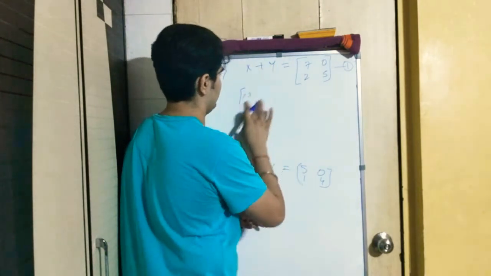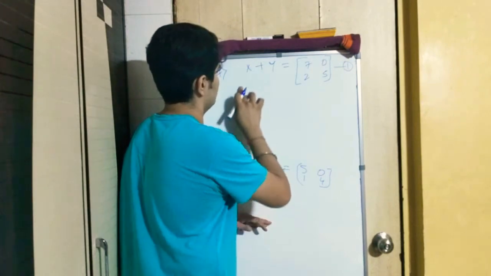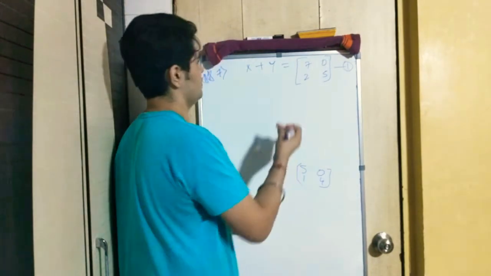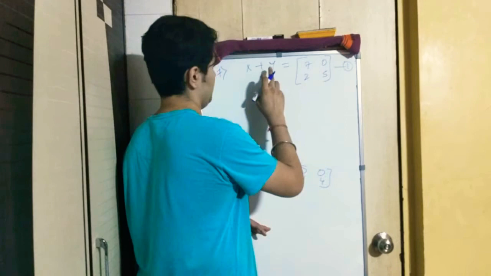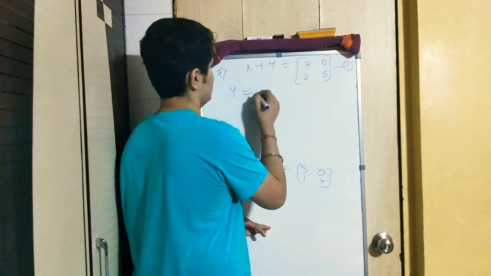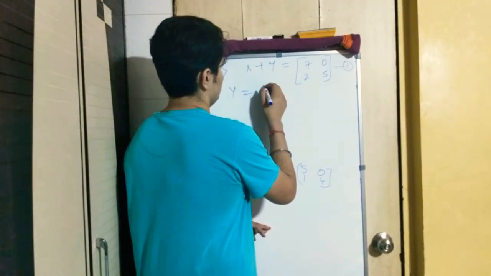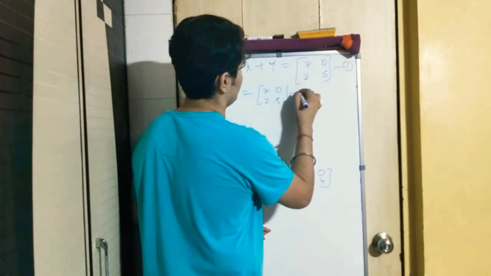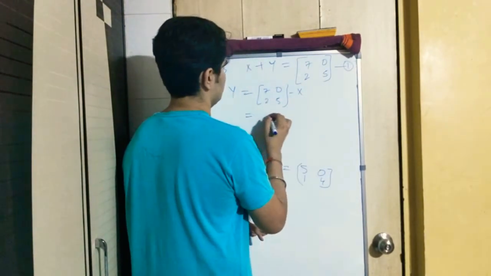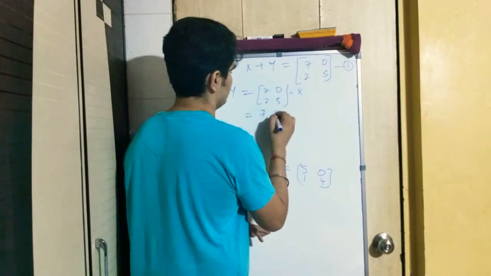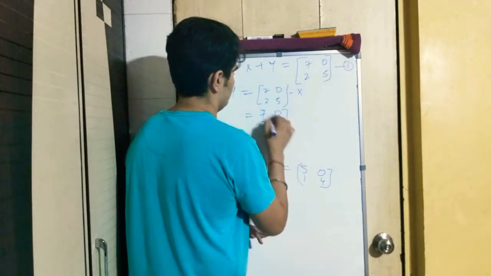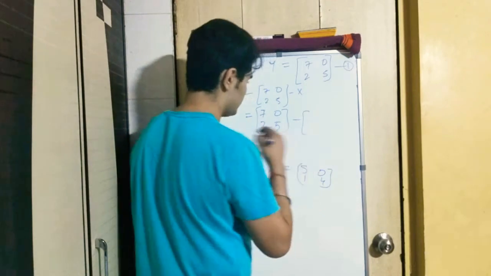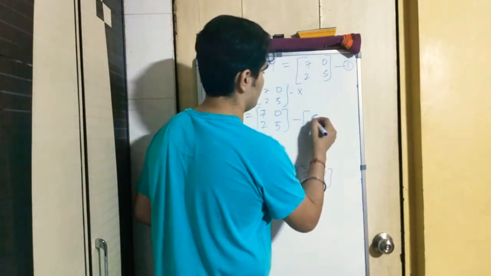We are making Y as the subject. So Y is equal to 7 0 2 5 minus X. So Y here is 7 0 2 5 minus 5 0 1 4.